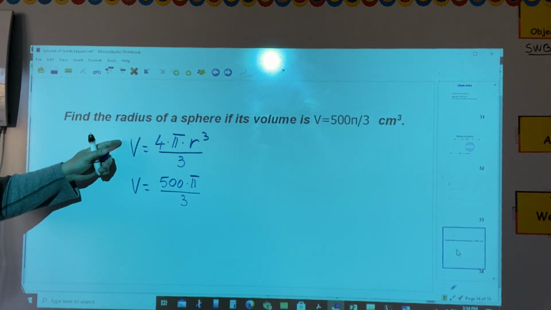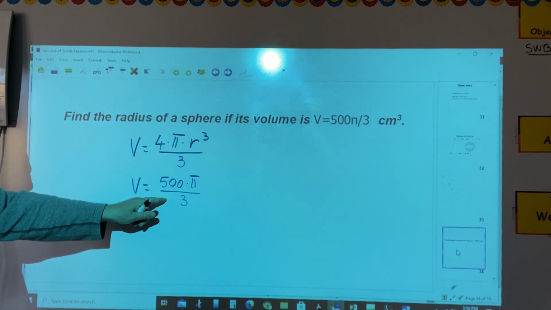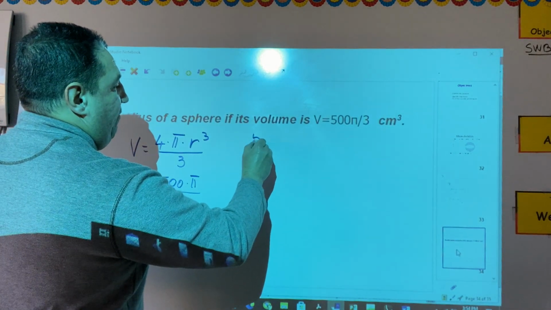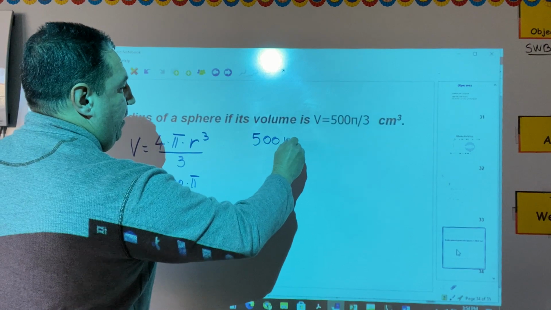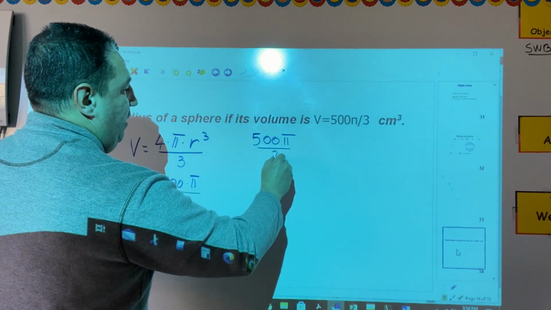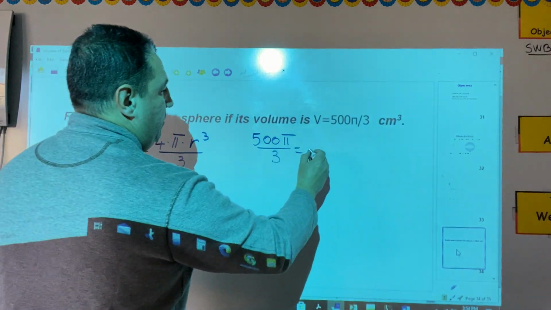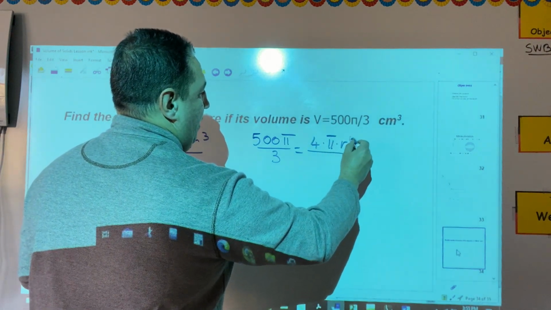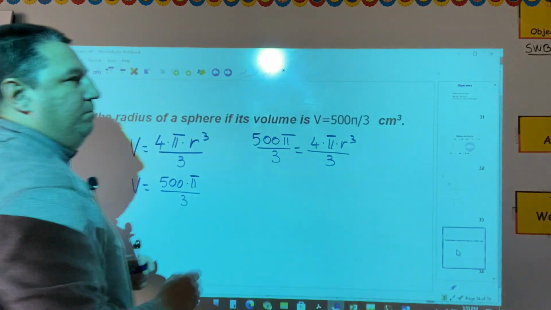So, because V is given, we are going to have 500 pi over 3 equals 4 times pi times r cubed over 3.